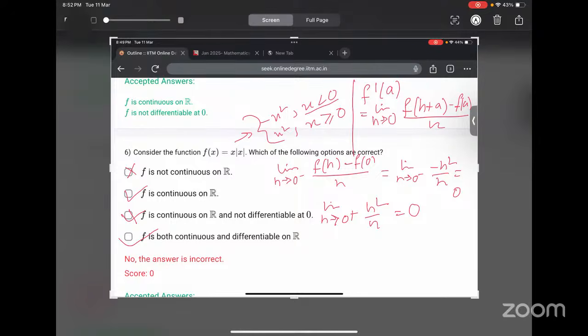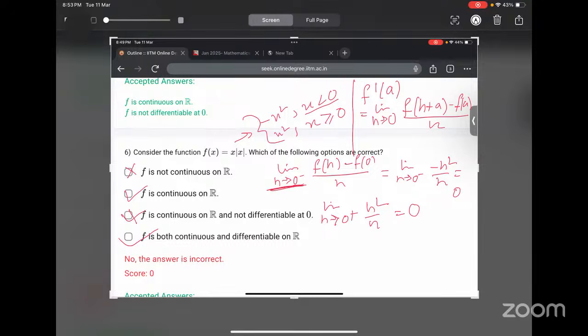If you are approaching from the right hand side, that is the formula. But if you approach from the left hand side, as h tends to 0 minus, then we use f of a minus f of h minus a by h. Is that correct? Yes.